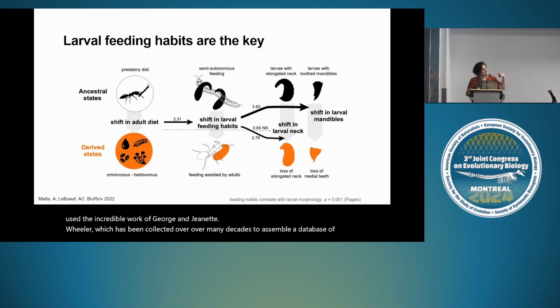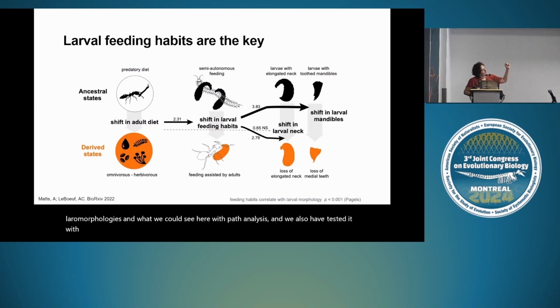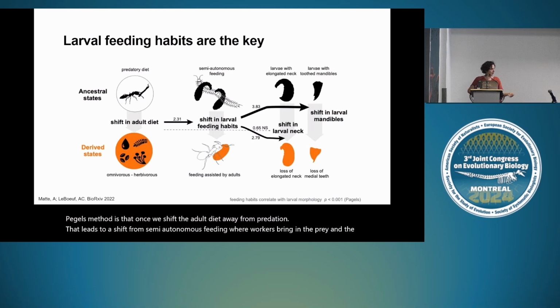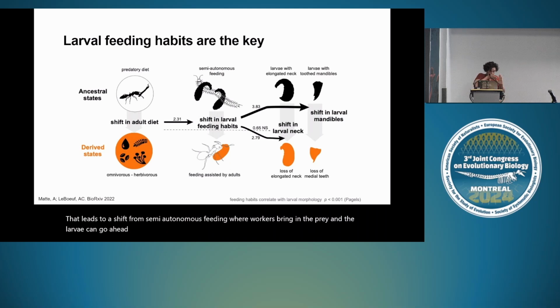What we could see here with path analysis, and we also tested it with Pagel's method, is that once we shift the adult diet away from predation, that leads to a shift from semi-autonomous feeding, where workers bring in the prey and the larvae can go ahead, to directed assisted feeding in personalized interactions.